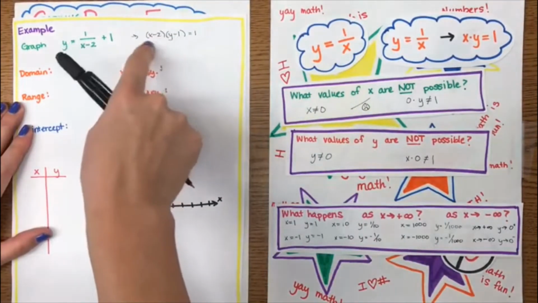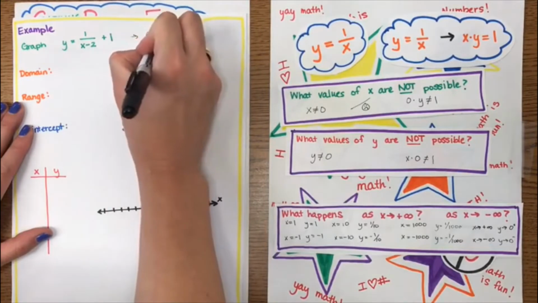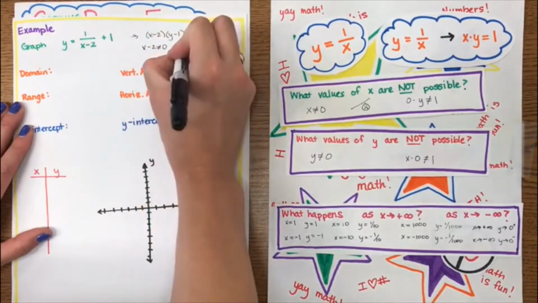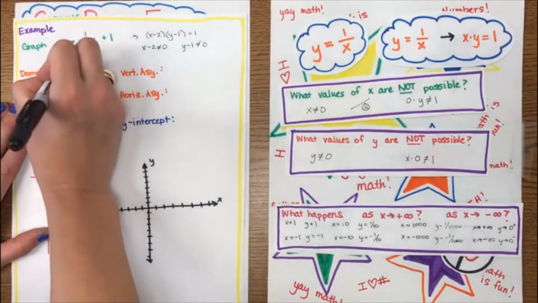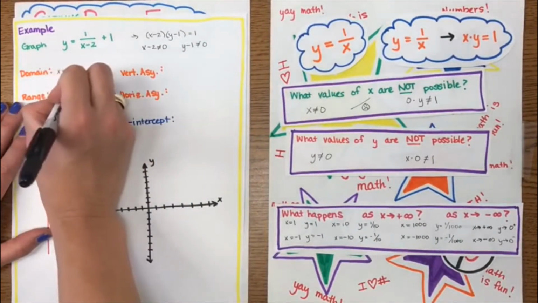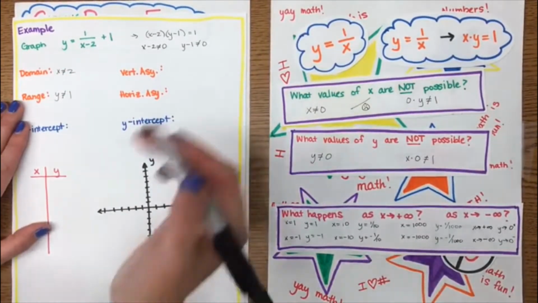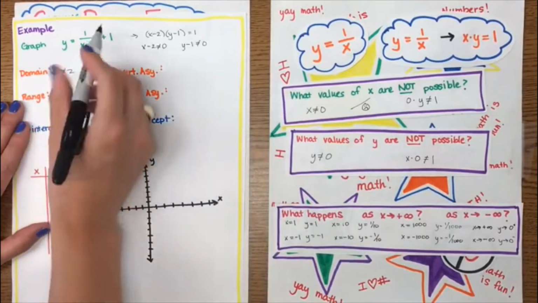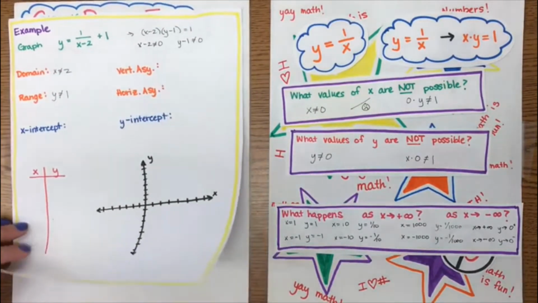So neither of these factors can be equal to 0. So x minus 2 cannot be equal to 0, and y minus 1 cannot be equal to 0. So that gives me a domain restriction of x cannot be equal to 2, and a range of y cannot be equal to 1.